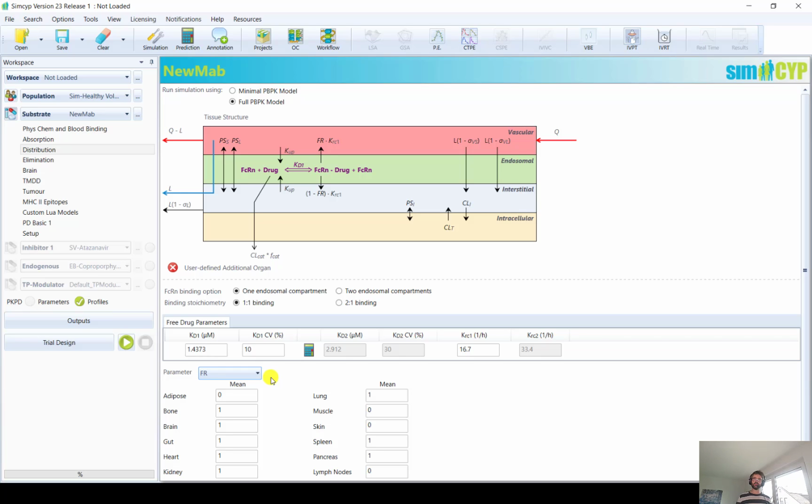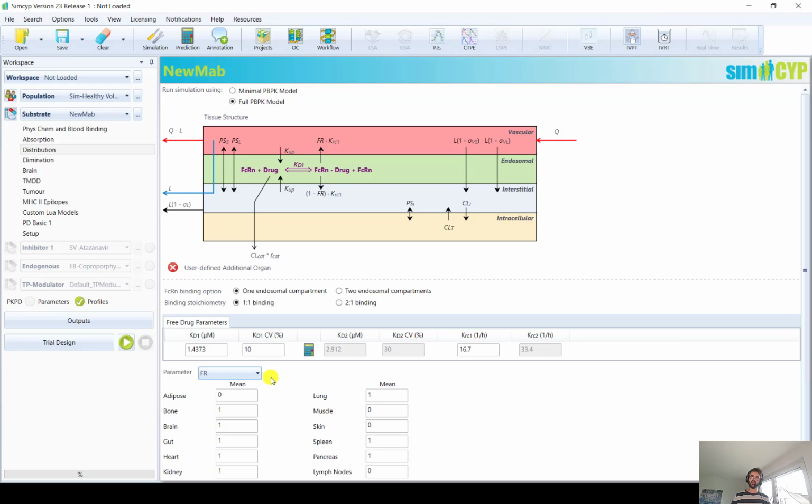For the uptake rate, we can use pinocytosis markers like horseradish peroxidase, but the question is, how representative are they of a monoclonal antibody? And a more important question is, how does it differ between different locations in the body? Is an endothelial cell in the liver similar to an endothelial cell in the kidney? And the other question is, how different is it for different antibody types?